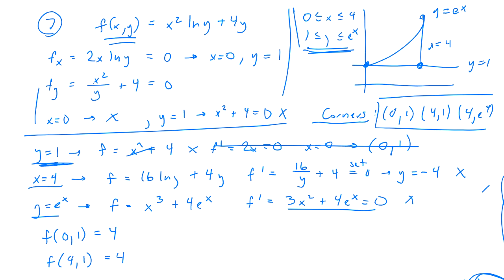So whatever I plug in for x, I'm going to get 4. And if I put in 4e to the 4, I get 16 plus e to the 4. Oh, I lost a 4.